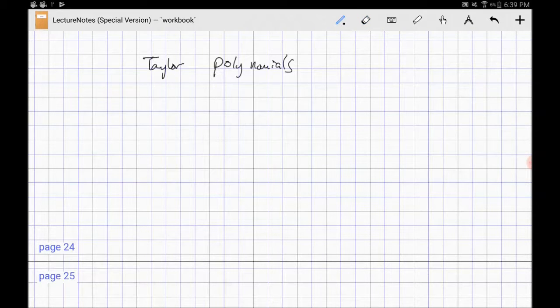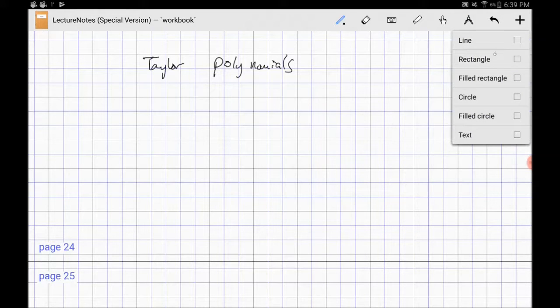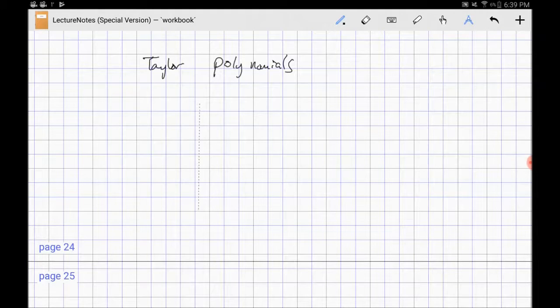And actually, you've been doing this all your life, or not all your life, but for quite a long time in your academic life without knowing it. For example, let's say we wanted to approximate the square root of 5. And so I'm going to draw my square root function. I really hope that's a square root function.